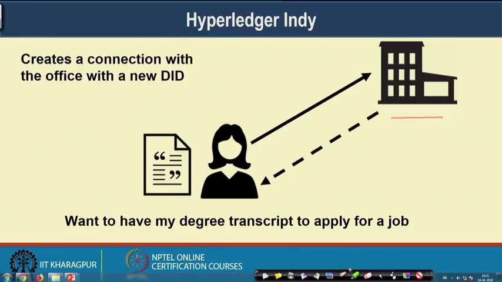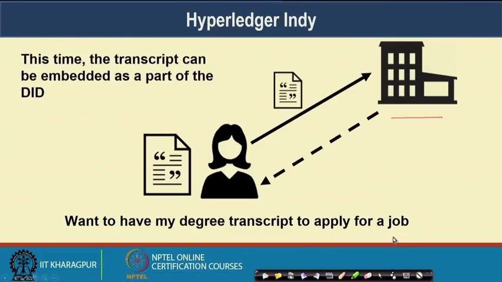So, Alice can create another such pairwise relationship, and in this case she can set up another deed with this particular company for applying for the job, and in that deed setup she can provide the transcript that she already got. So, that transcript is shared along with the deed, it can be embedded as a part of the deed, and it can be shared with the company to have a job application. So, again the same process will get repeated.